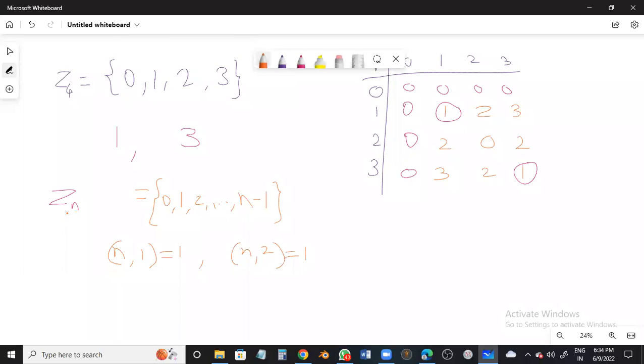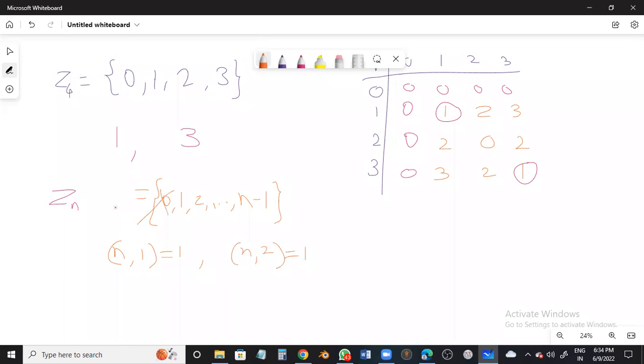So a prime integer is always relatively prime to every other element belonging to Zn. And in that case, the element becomes invertible. We never think of the inverse of 0. So 0 is discarded from this. So about non-zero elements we are talking. So all elements in Zn except 0 are unit elements provided n is prime.